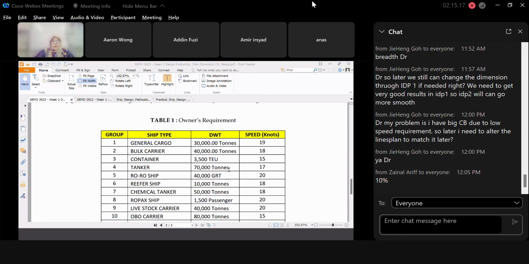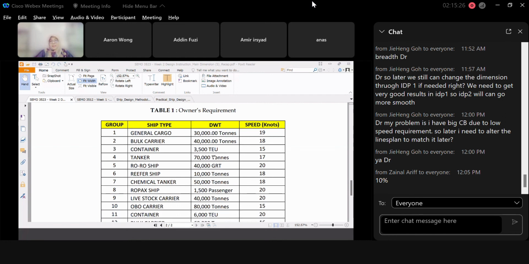But for those coming from SKMO, your owner's requirement is based on this basic requirement. So you will be doing the same as the other group members, on 3,000, 4,000, 40,000, 30,000, 3,500, 70,000, 40,000, and so on.